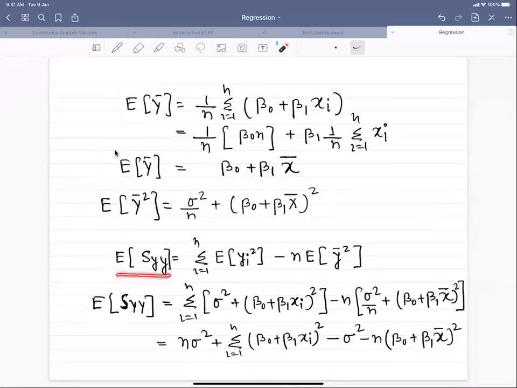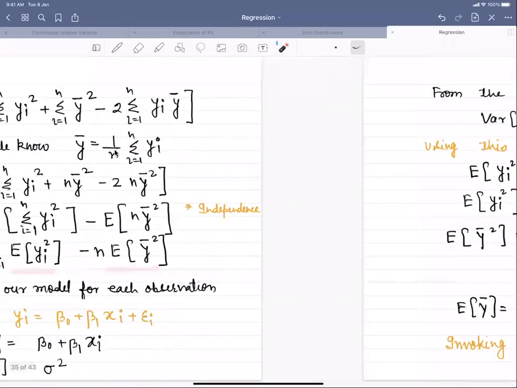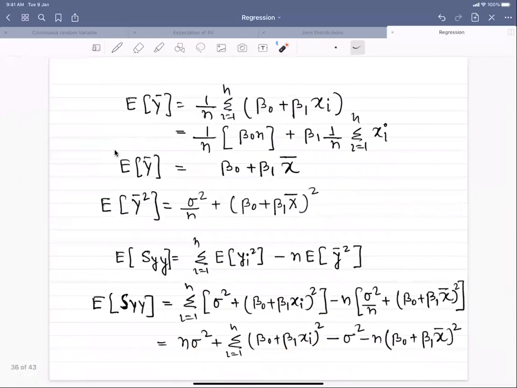So the expectation of Syy can be written as the summation over i from 1 to n of the expectation of yi square, minus n times the expectation of y bar square. When we substitute the values we have just computed, it will be the summation of sigma square plus beta naught plus beta 1 xi whole square, minus n times sigma square divided by n plus beta naught plus beta 1 x bar whole square.